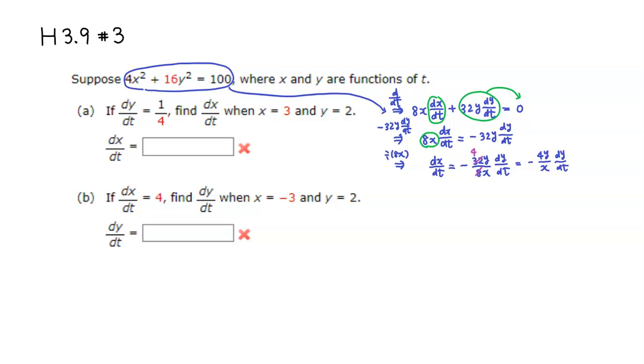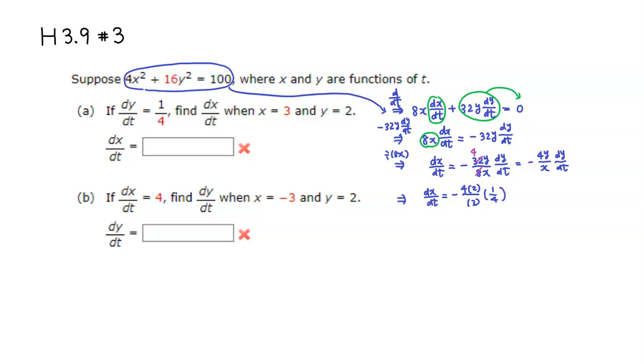Let's plug in. dx over dt is equal to negative 4, and the y value is given to be 2, so 4 times 2 over the x value, which is 3, and then dy over dt is 1 over 4.